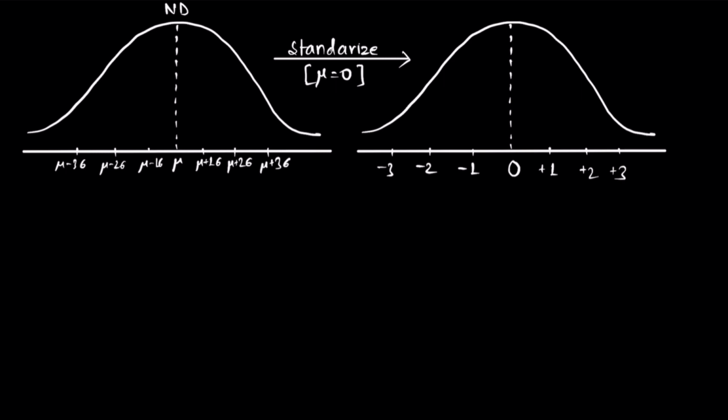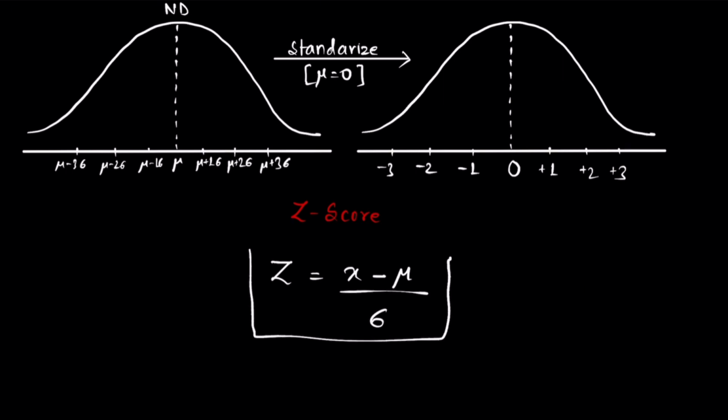The question is, how exactly do you standardize a normal distribution? You standardize a normal distribution with the help of something called the z-score. So the z-score helps you standardize a normal distribution. Mathematically, z-score is equal to x minus mu divided by sigma.